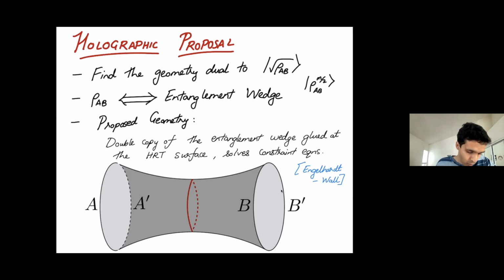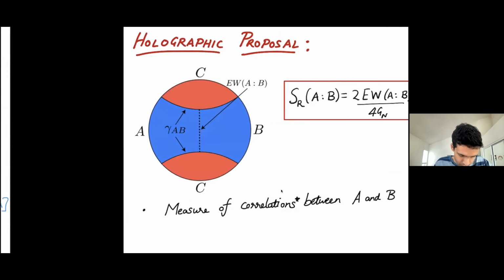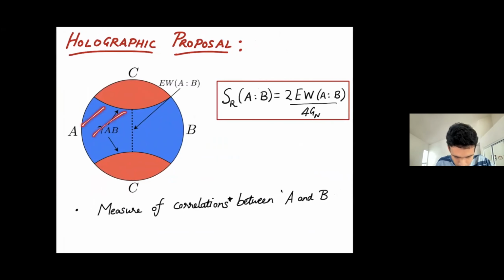Well, firstly, we know that the information contained in the density matrix on AB was exactly that of the entanglement wedge of AB. So what we can do is consider a double copy of this entanglement wedge. We take the geometry here, this blue patch, and glue it to a second copy of this at the extremal surface gamma AB.